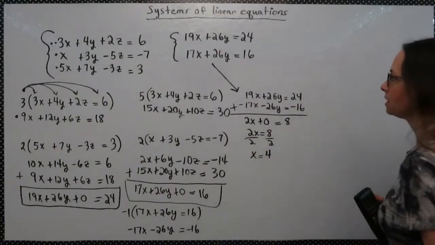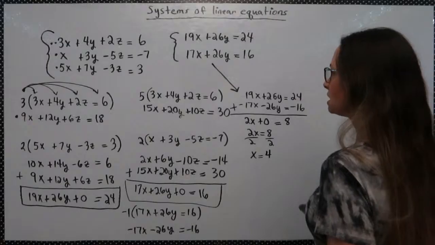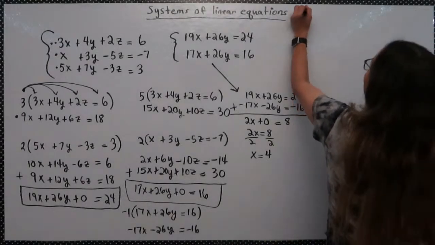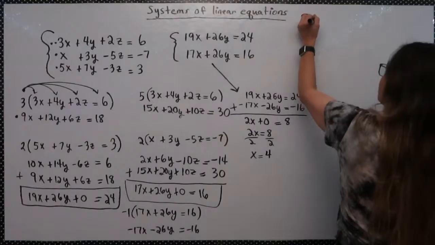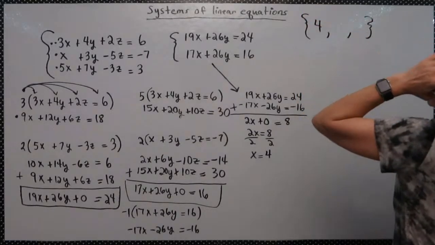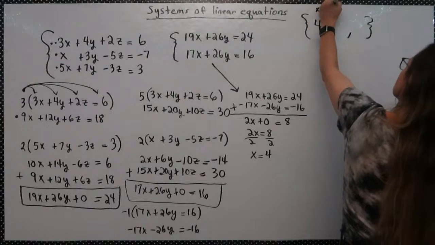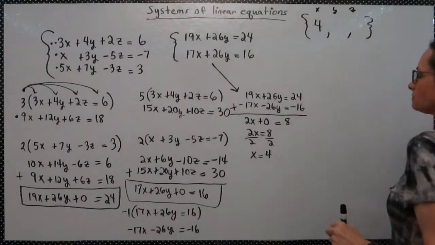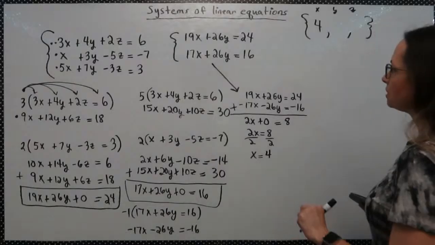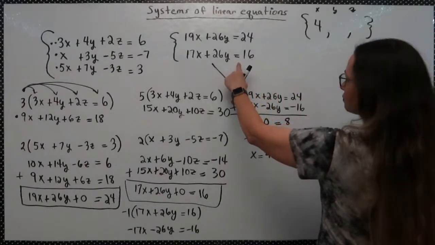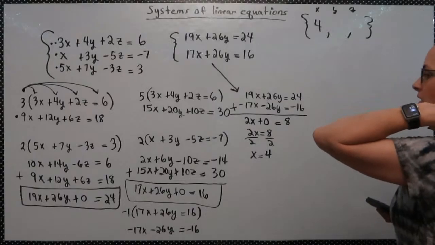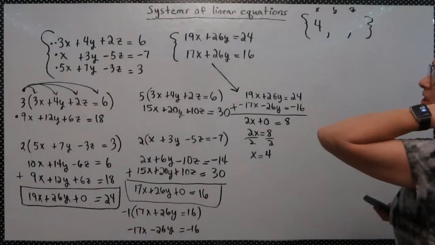Perfect. All right. So it is very satisfying for me whenever I do solve these things. So x equals 4, and we still need a y and a z. All right. So now I'm just going to pick one of these that I want to plug in for x and solve for y. And they look about the same to me.